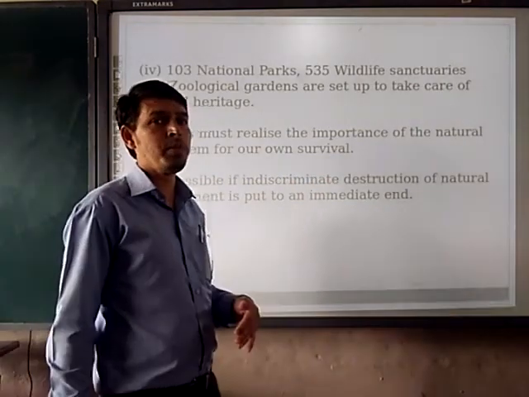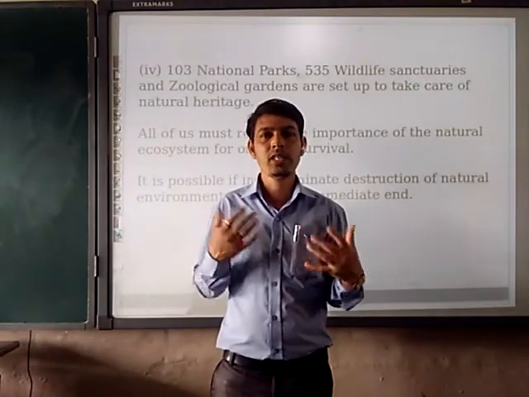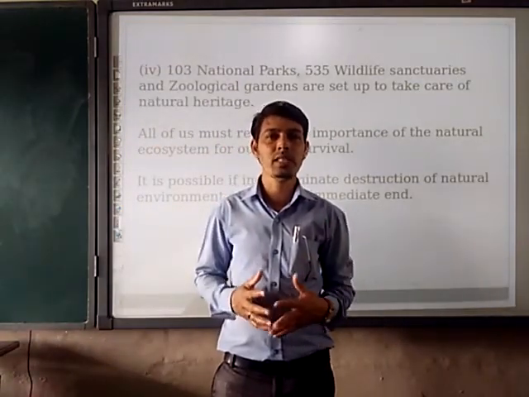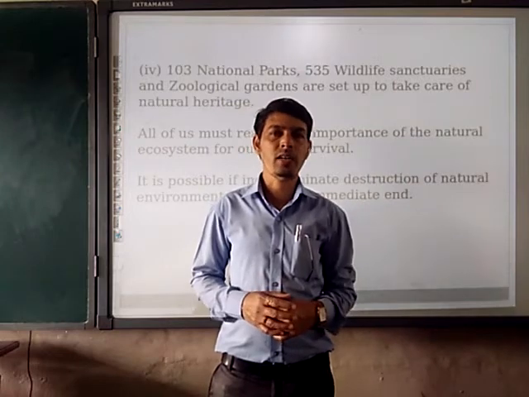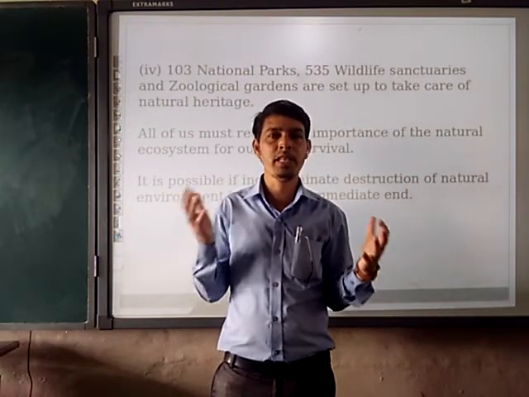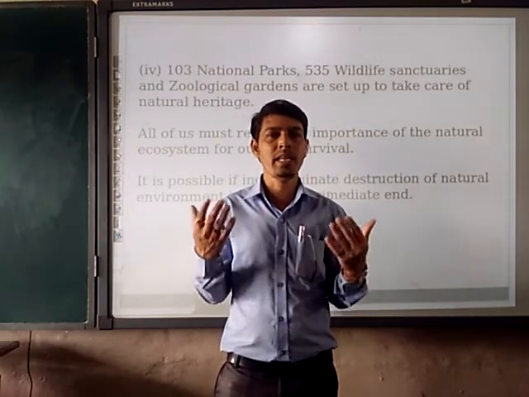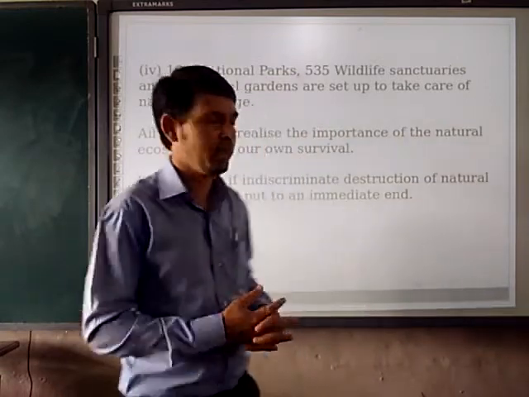The role and responsibility of us is shown here, to preserve and conserve our natural environment. If the natural environment will be there, the birds and animals are also going to be saved.